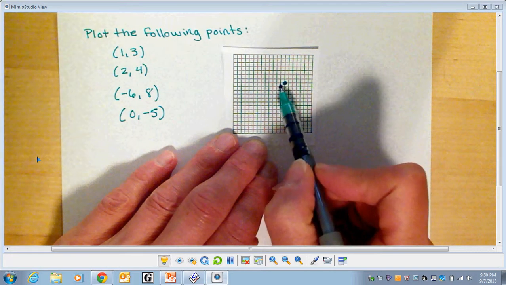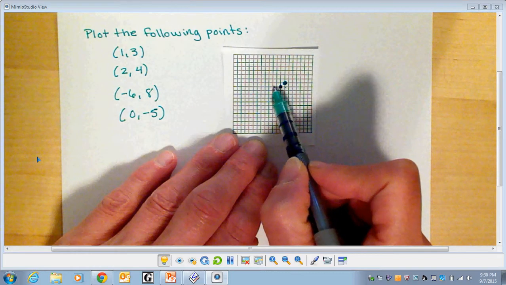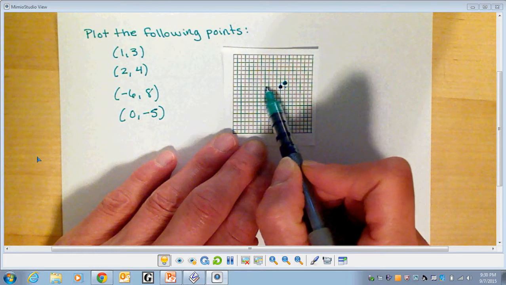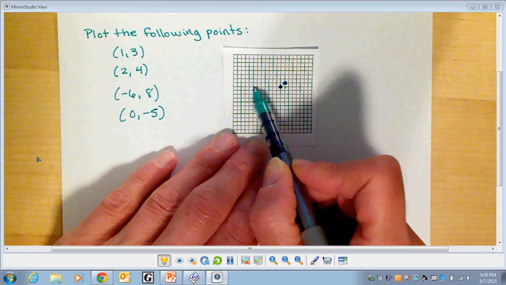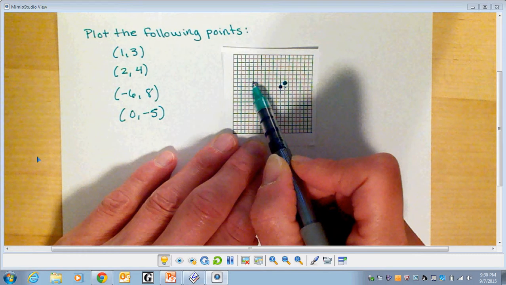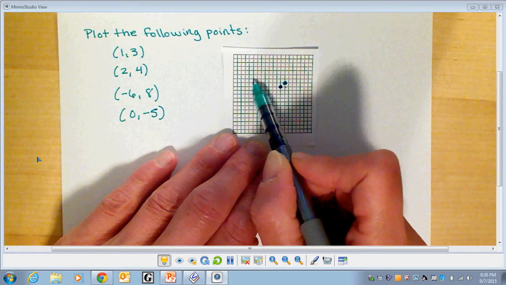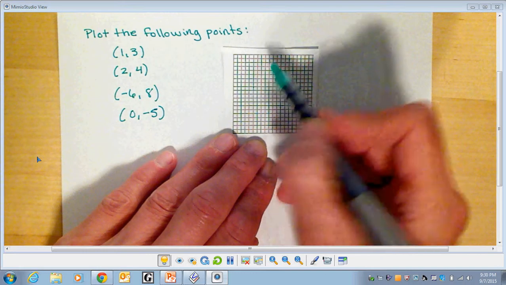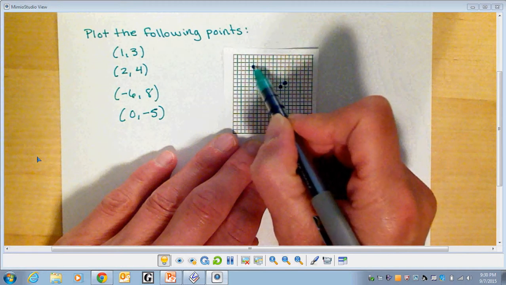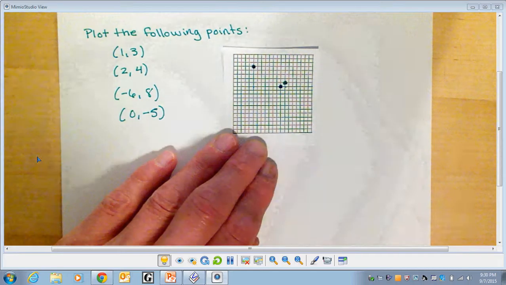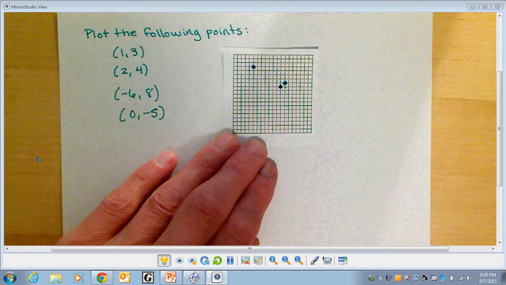So now I've got to figure out what that was. That was 0, -1, -2, -3, -4, -5, -6. So that's -6, 3. Let's see, 8 would be 3, 4, 5, 6, 7, 8. Okay, so that point must be right there. Boy, that was a lot of work.